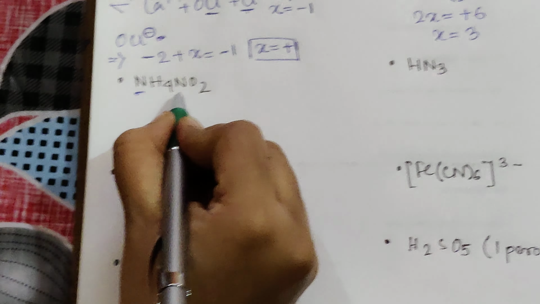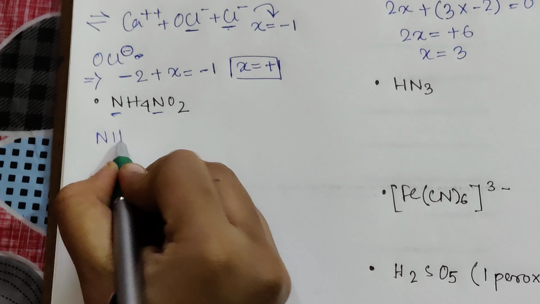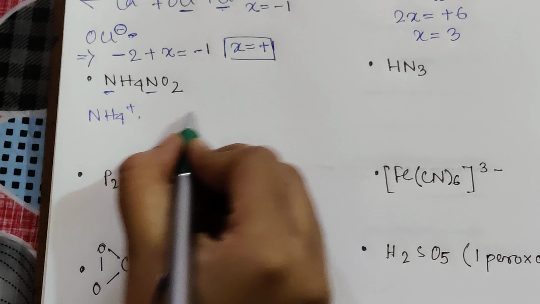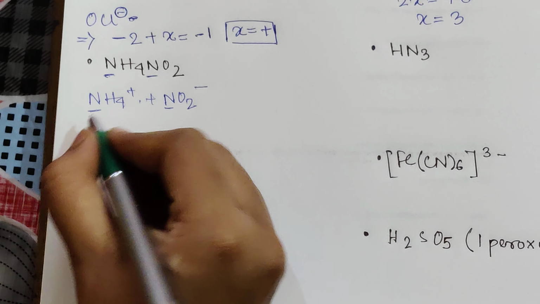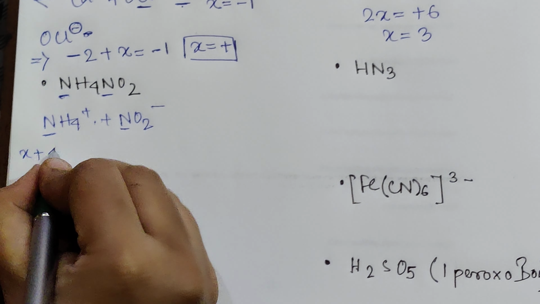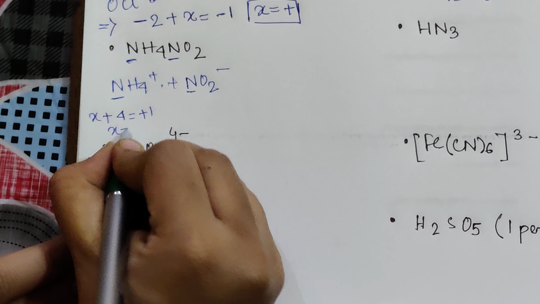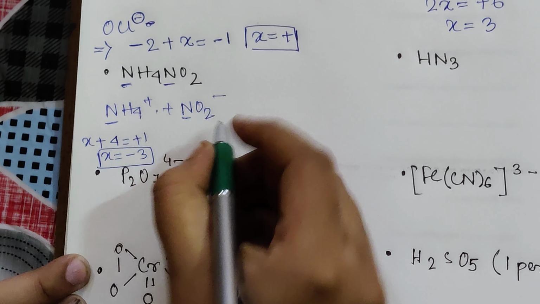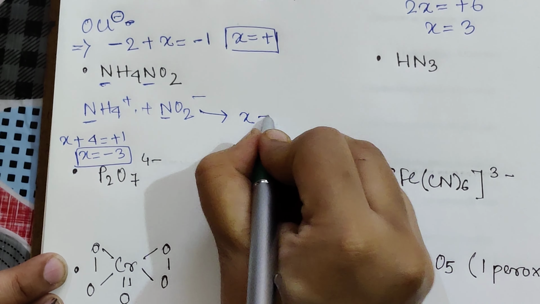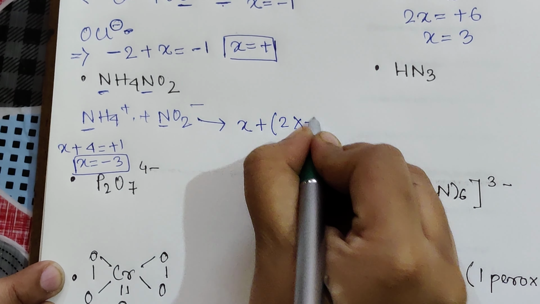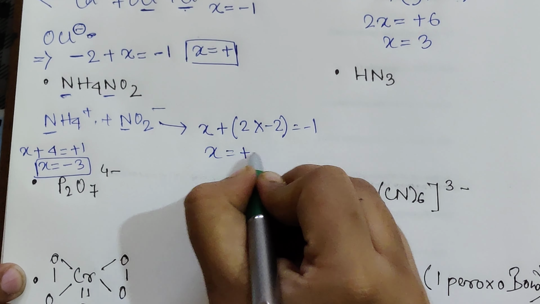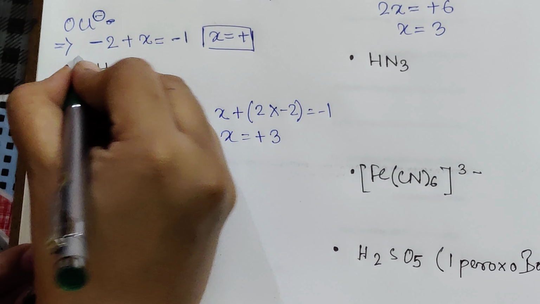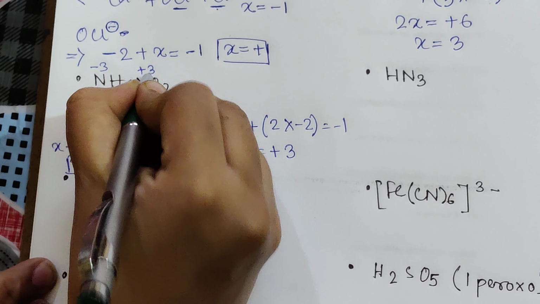Similarly, for nitrogen, we will directly write x plus 4 equal to +1, so x equals -3. And here it will be x plus 2 into -2 equal to -1, so x is +3. So this is -3, this is +3.